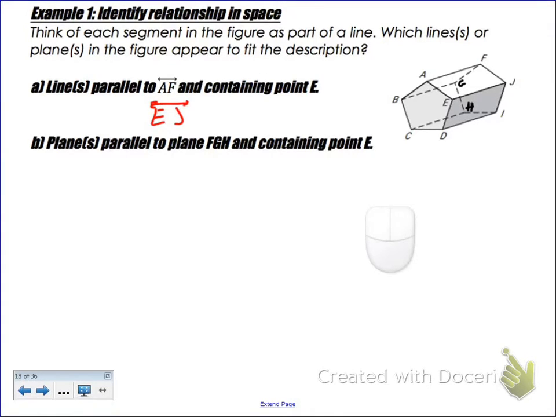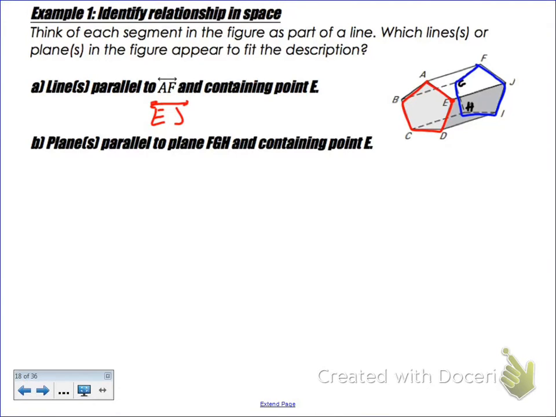And this down here should also be H, right there. So the plane we're talking about, FGH, is right here. And we're looking for something that's parallel to that plane that contains point E. That's going to be this plane, the other pentagon, across from it.